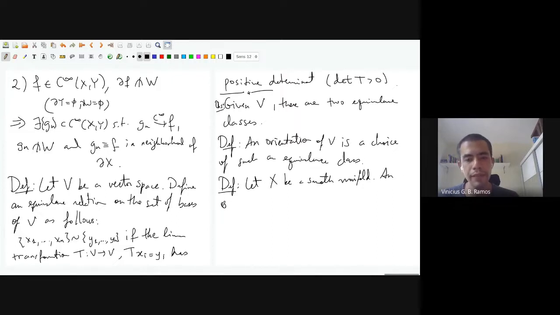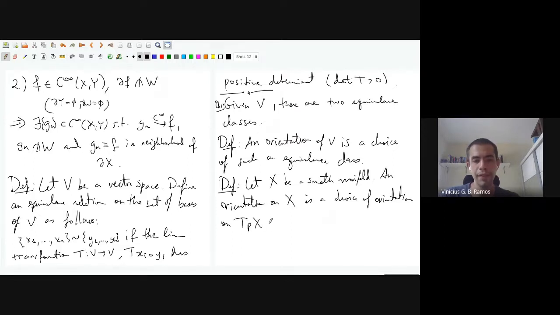An orientation on X is a choice of orientation on T_pX for each p. So we orient all tangent spaces, which we can always do, but we actually want a local triviality condition. So what does that mean?